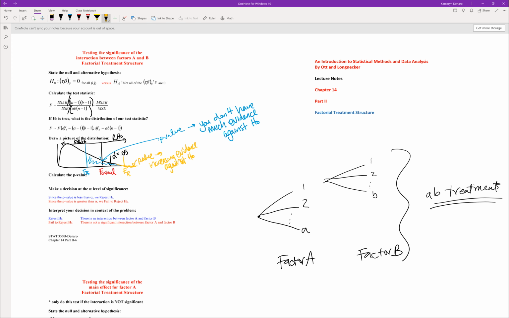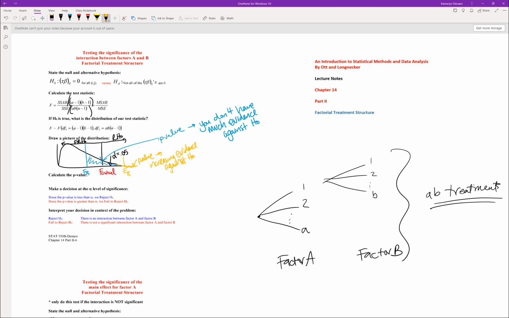The mean square of your interaction term compared to your mean square error is very large, and that means something more than just random error is happening. When our test statistic is very large, our p-value is going to be very small, and we're going to reject H0. And when we reject H0, we are thinking, hey, we really should have this interaction term in the model.